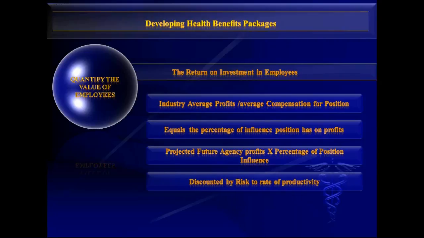The only thing left to do is calculate the risk to the specific profit we can attribute to that position. For simplicity's sake, the process will be like this. What risk to the rate of full productivity is inherent in the employee? Now, we know that productivity is comprised of the intangible assets of knowledge, talent, and skill. Those are the assets that are going to produce the specific percentage of profits that's attributed to that employee.